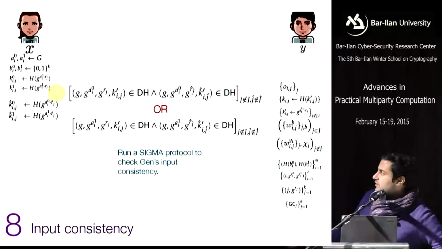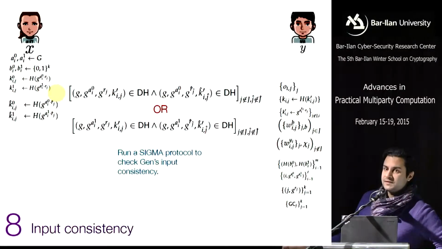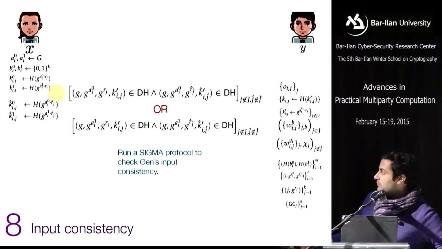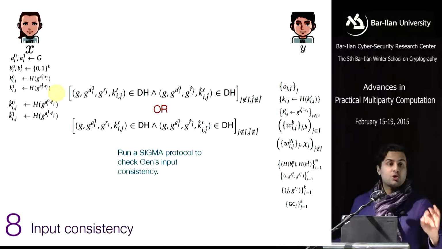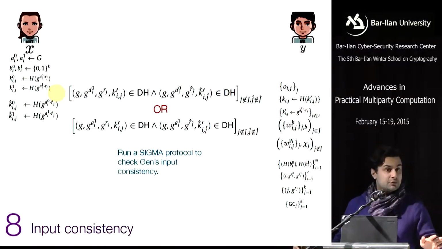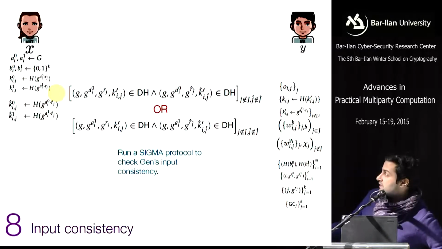If Alice was using all zeros in her J input, then remember this set right here, J not in J and J hat not in J, those are all the evaluation circuits. So Alice is going to do this for all of the evaluated circuits, and what she's going to do is give a proof that these are DDH tuples.